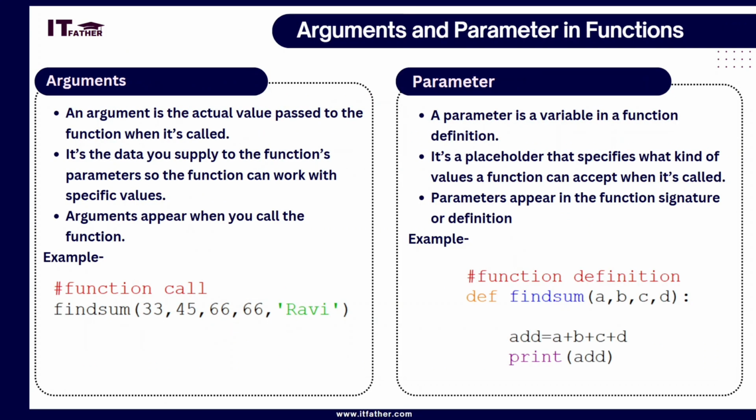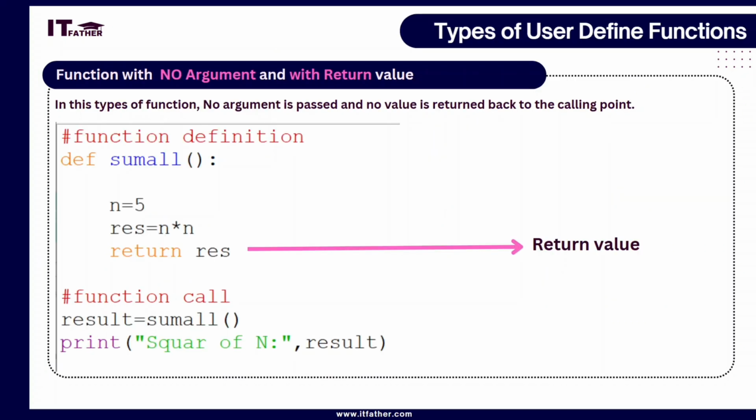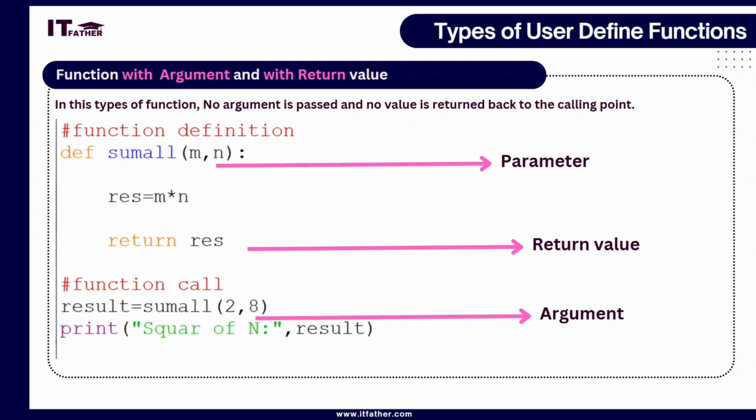Now what is argument, what is parameter? So now we have understood the function with no argument with return value, and now function with argument and with return value. As you can see in the program, we are passing the argument and we are calculating the result, and after the calculation we are just returning the value. We are not printing within the function.